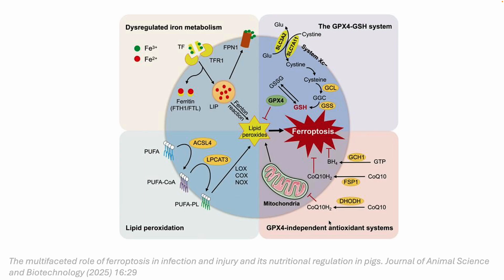In a very sick patient, what we are really seeing is a runaway chemical reaction inside the cell membrane. It often starts with iron and reactive oxygen species, generating a very aggressive free radical, which attacks the lipid membranes, especially PUFAs, and once it starts, it spreads from one lipid to the next. So a small injury quickly becomes widespread membrane damage.